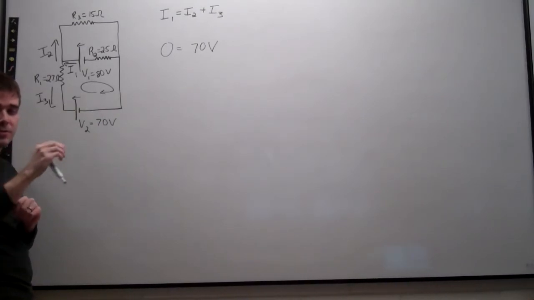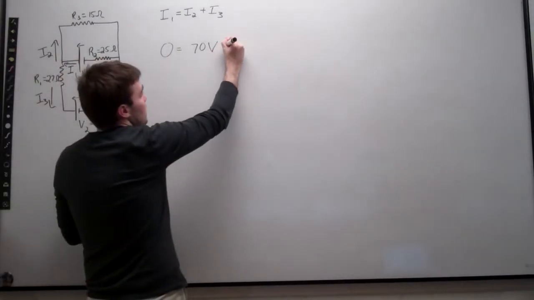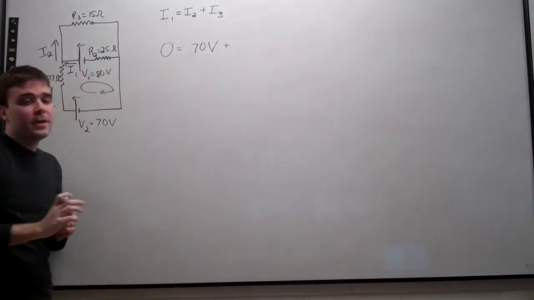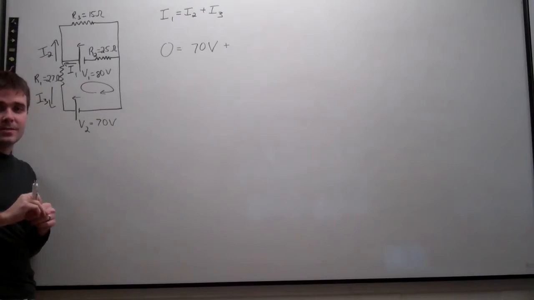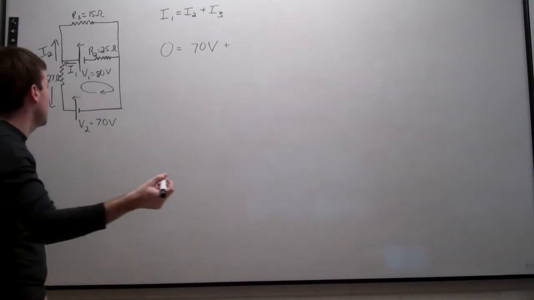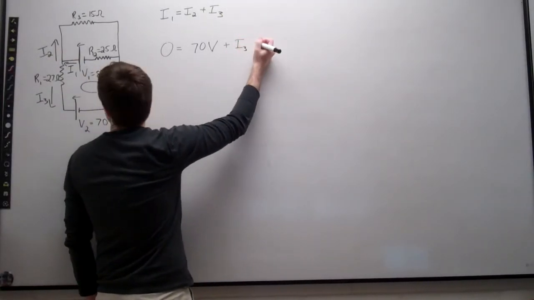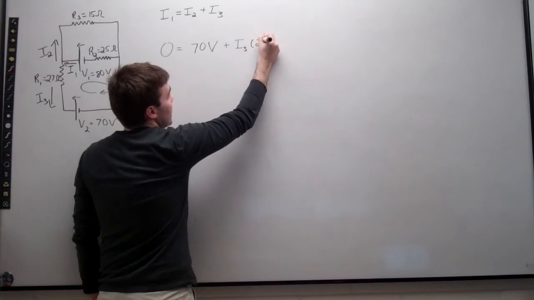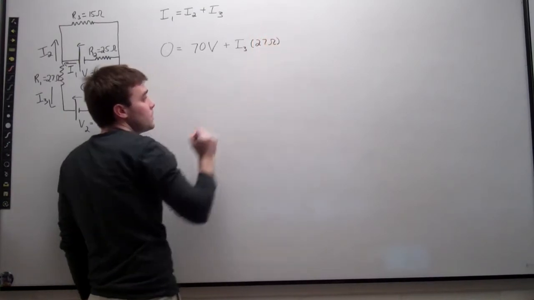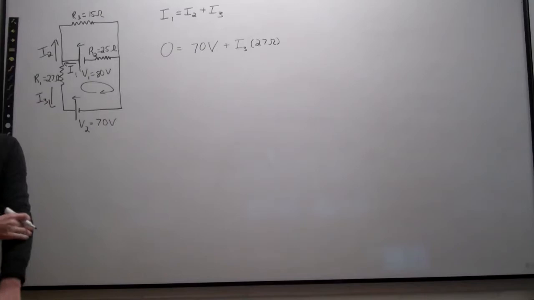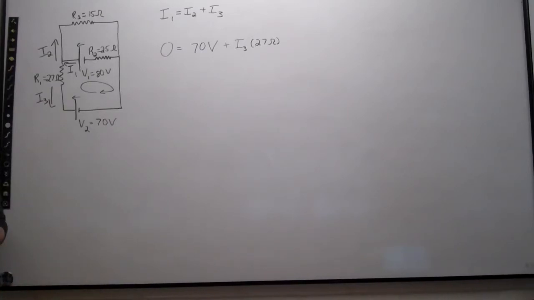So it's going to be plus. And how do we find voltage if we have current and resistance? IR. So we're going to say I3 times 27 ohms. Does that make sense to everybody so far?